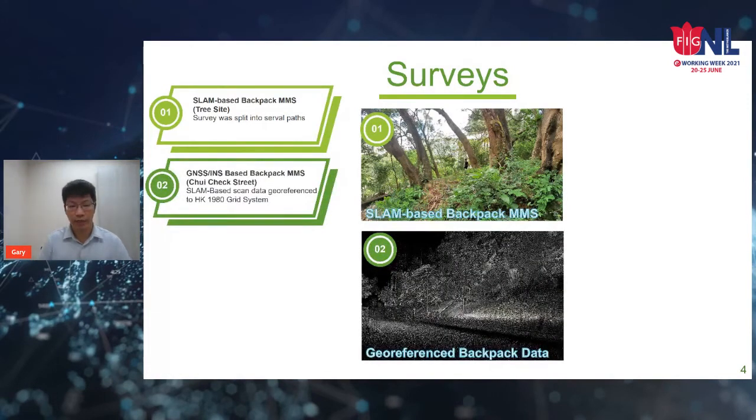The survey point cloud data in different parts were aligned using cloud-to-cloud registration, so we needed sufficient overlap for linking the scans. As SLAM-based backpack MMS is in a local reference frame, we used the point cloud along Tsui Tsuk Street captured by another GNSS and INS-based backpack MMS to georeference the scan data to the Hong Kong 1980 grid system.